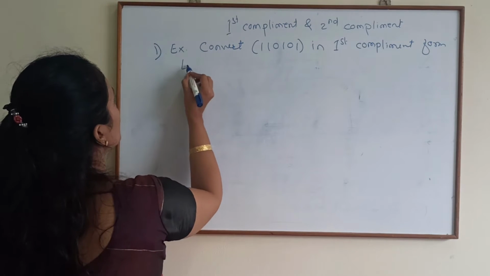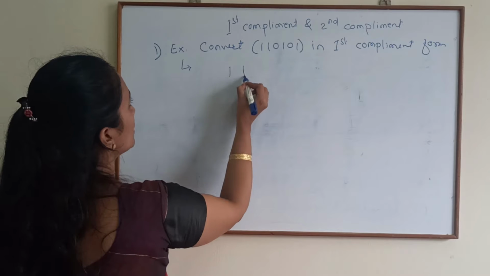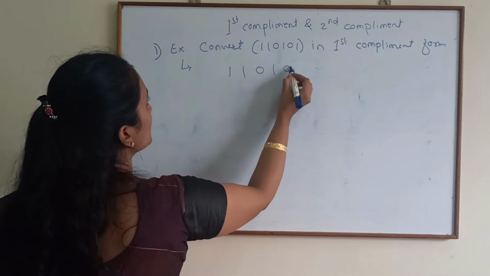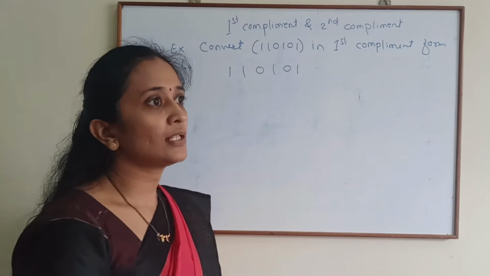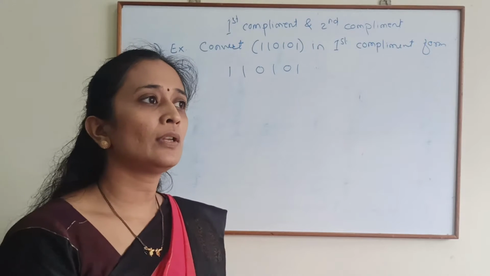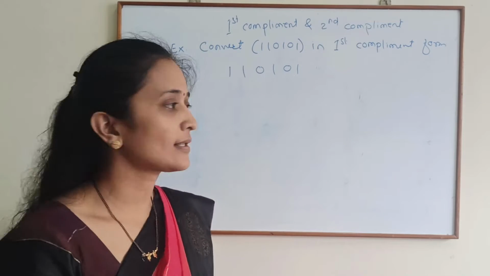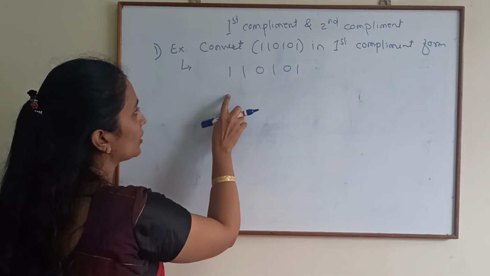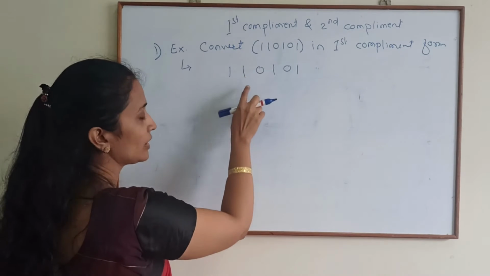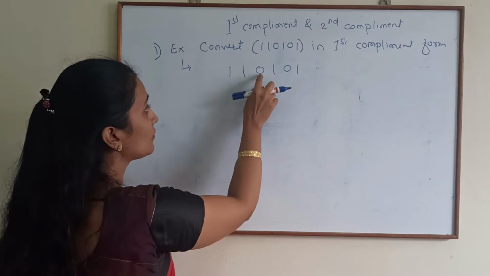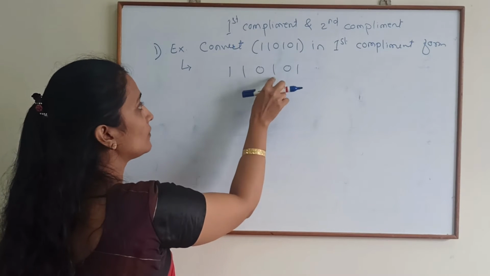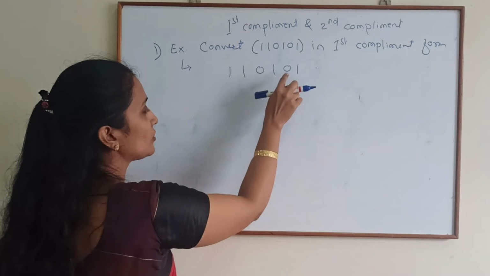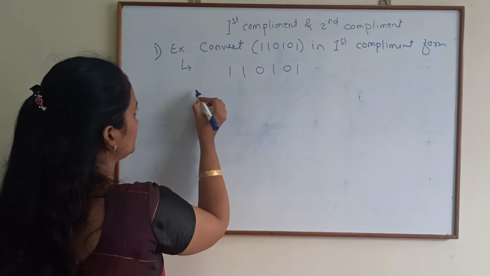Procedure is very simple. Take down that number 110101. Just convert each and every bit to its reverse. For example, if you have bit 1, it will convert to 0. Here 1 will convert to 0. Here 0 will convert to 1. 1 will convert to 0. 0 will convert to 1.